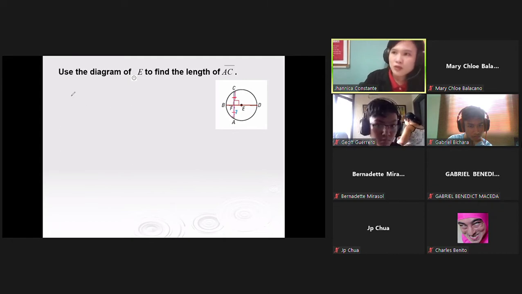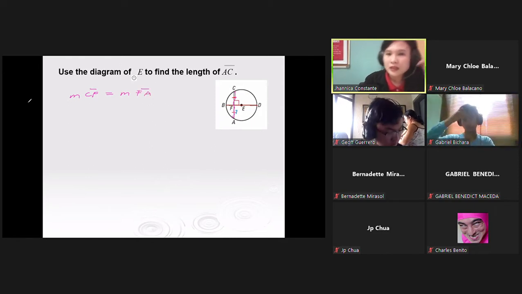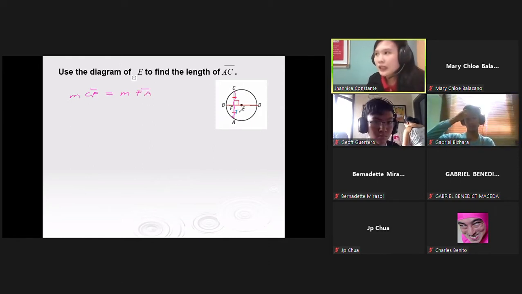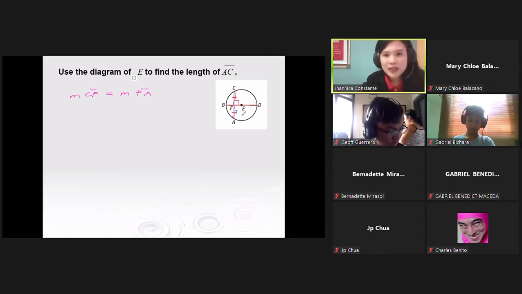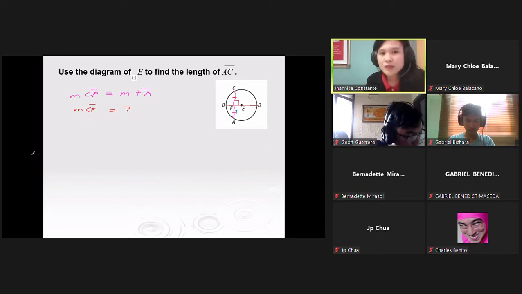So the measurement of line segment CF is equal to the measurement of the line segment FA. Given that the measurement of our line segment FA is equal to 7, our line segment CF is also equal to 7.